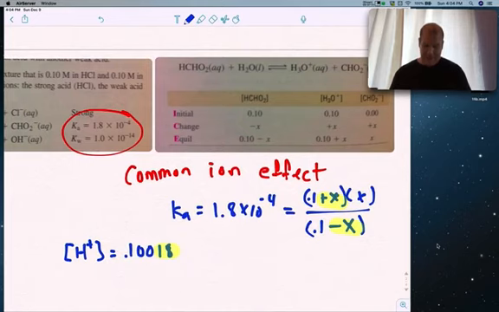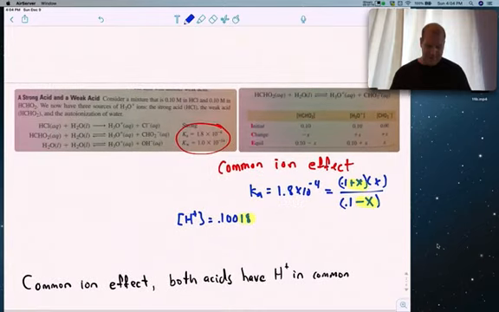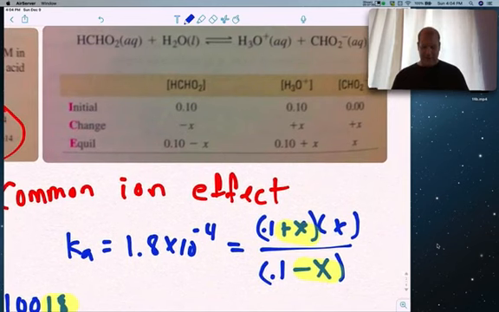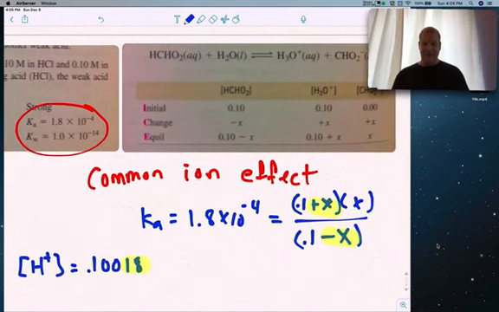So here we have a mixture of 0.1 molar hydrochloric acid and 0.1 molar formic acid. So we have to do the common ion effect, and hydrochloric acid is a strong acid, and what they have in common is the hydrogen ion.